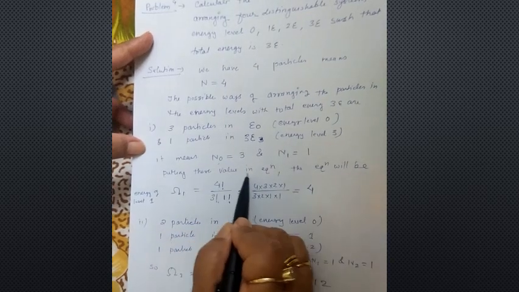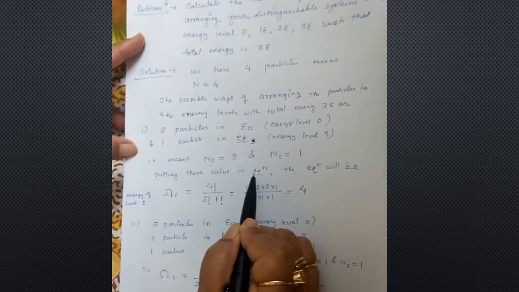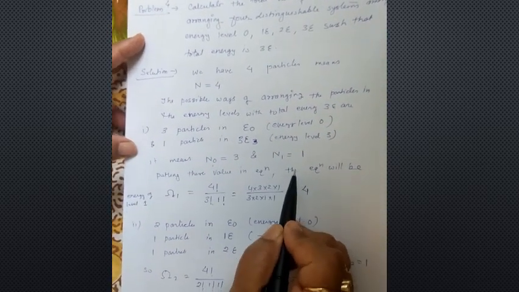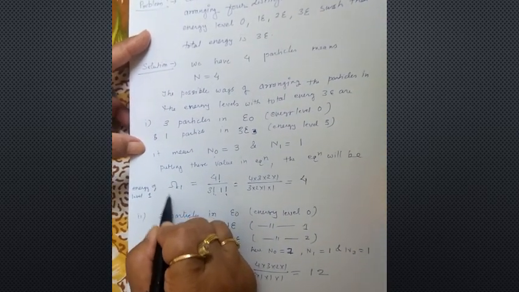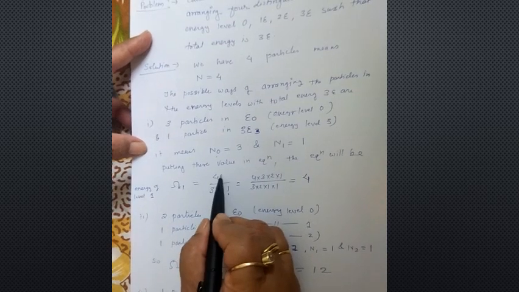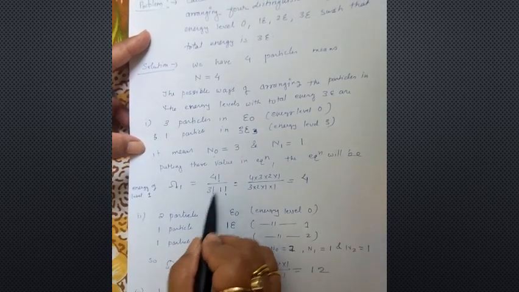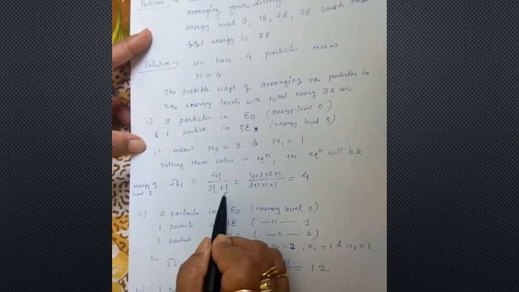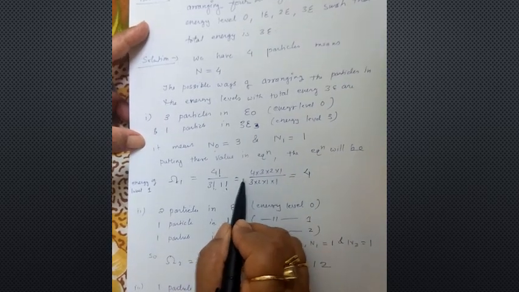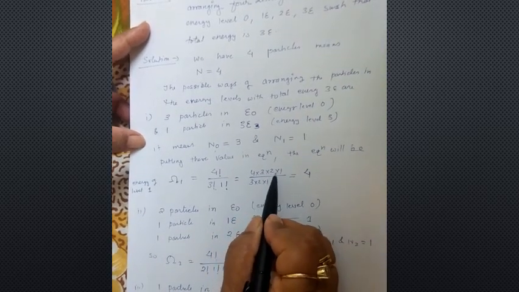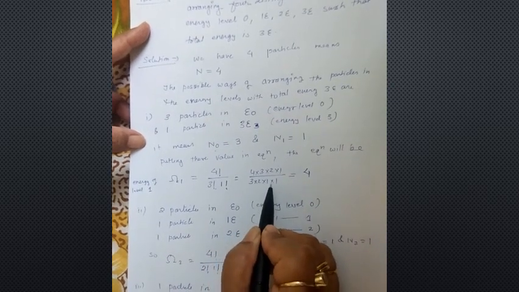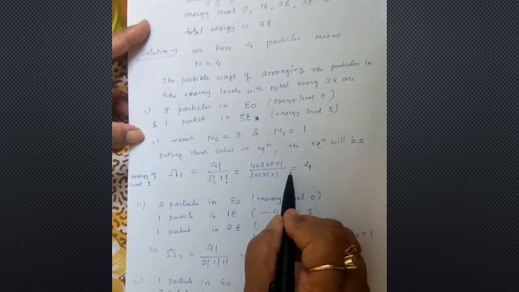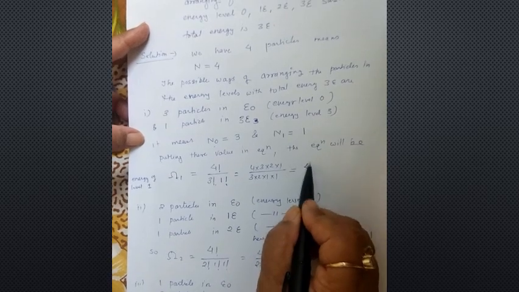Putting in these values of N0 and N1, the equation will be W1 is equal to factorial 4 upon factorial 3 into factorial 1, which is 4 into 3 into 2 into 1 upon 3 into 2 into 1 into 1, which will give the answer 4.